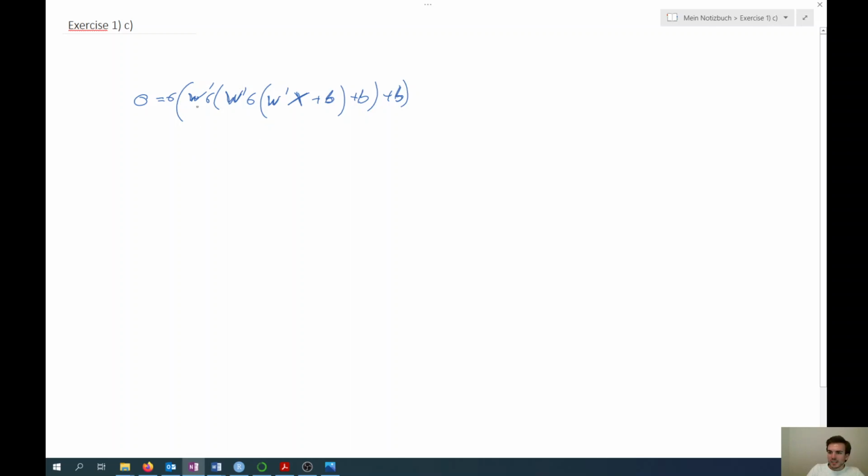As I told you in the exercise before, we would need a sigmoid activation function, for example, for binary classification, or softmax for multi-class classification. Okay, so this is the MLP with two hidden layers.